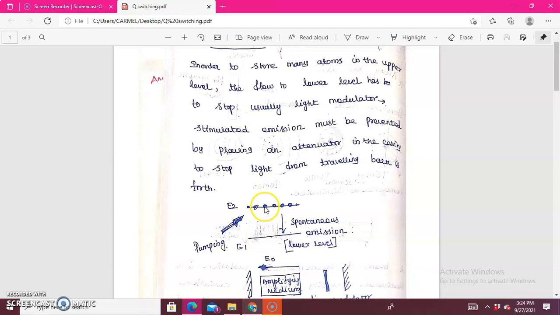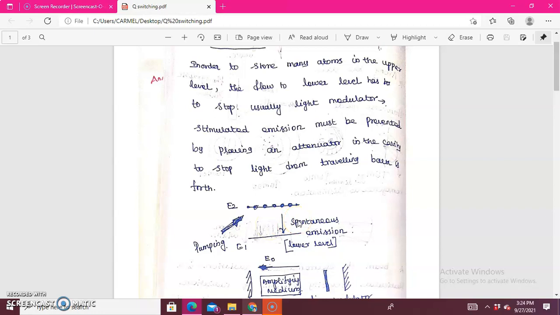This can be prevented by placing an attenuator in the cavity, which stops the light from traveling back and forth. If the light keeps moving back and forth, the stimulated emission will be higher.